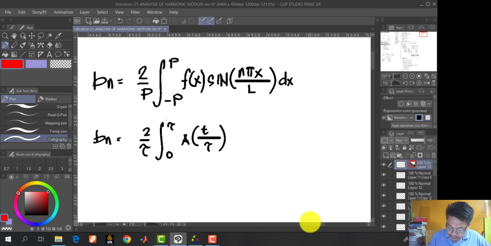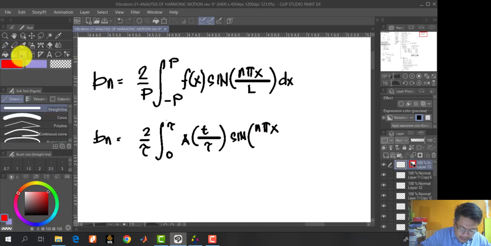Then this is multiplied by your sine, and my n, so this will be pi x, and all over divided by the value of L.